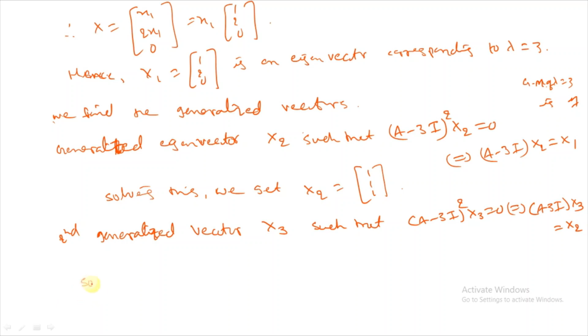Solving this equation, we get x3 equal to 1, minus 1, 1. So this is the eigenvector, and these are the generalized eigenvectors.